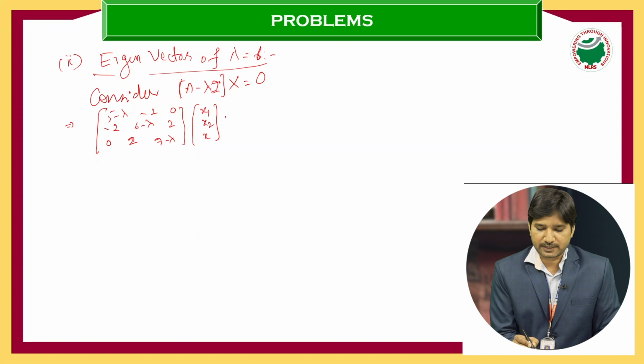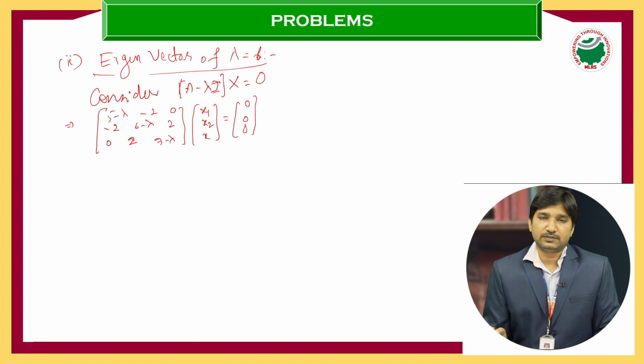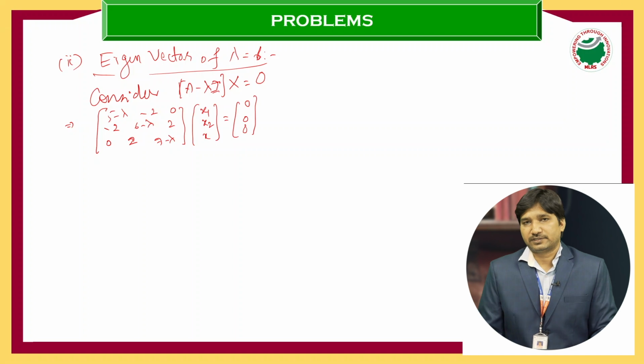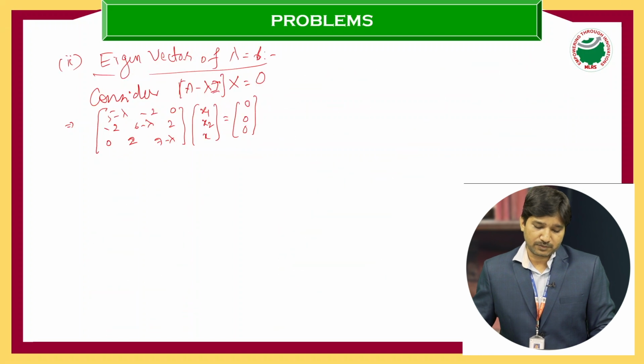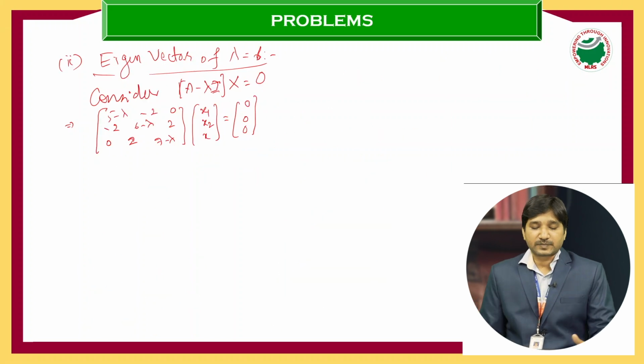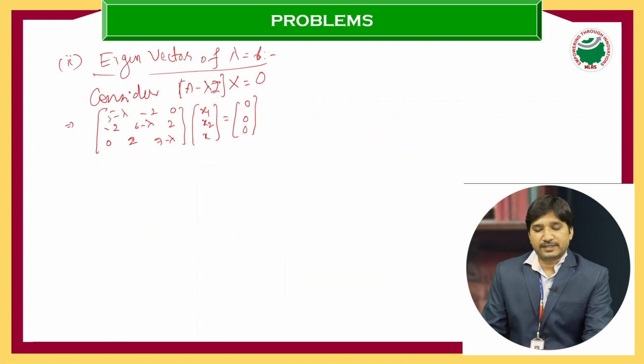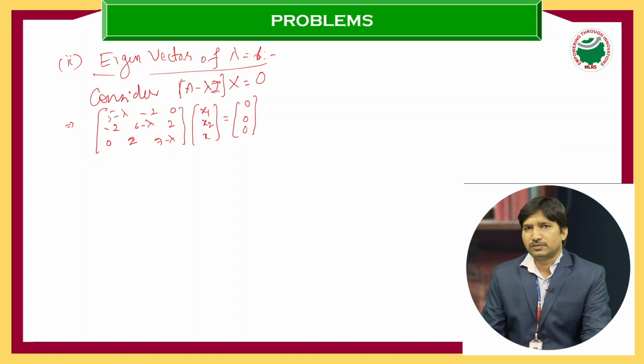The vector X equals x1, x2, x3, and the right side is 0. That is a homogeneous equation type. So this is the characteristic matrix, A minus lambda I times X equal to 0.